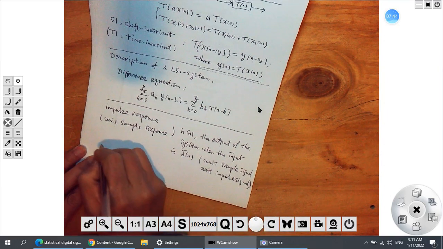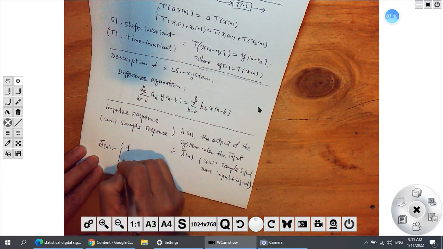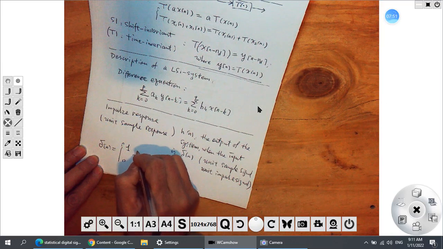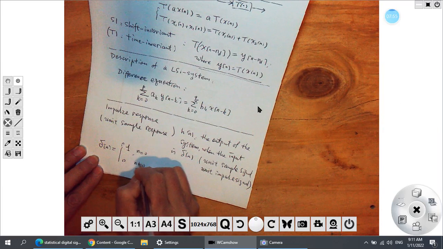Delta[n] is defined as having a value of 1 or 0 depending on n. If n is 0, it's 1. If n is not 0, delta is 0.